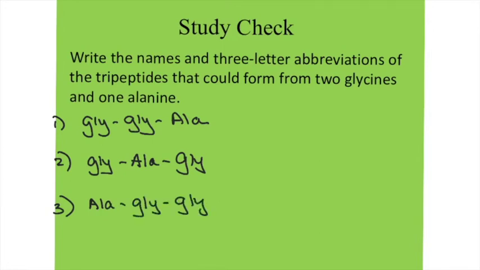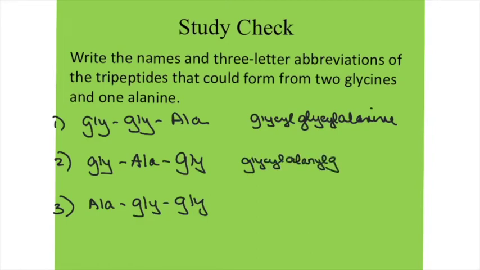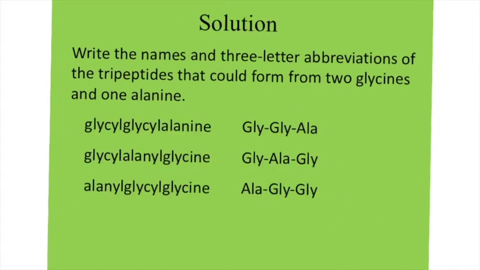So that's 3 different peptides that you can get from the same 3 amino acids. And so this will be glycyl glycyl alanine. This will be glycyl alanyl glycine, and this will be alanyl glycyl glycine.